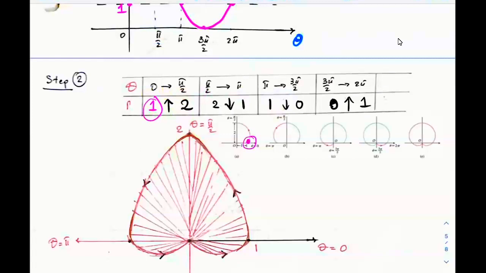And what happens if you increase theta to pi over 2? The r also increases. So you have 1 over here. Let's draw this. This is the 1. As you increase theta, the r also increases, and then finally you get to this point, r equals 2 and theta is pi over 2.